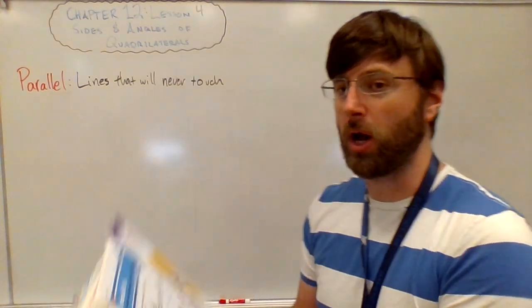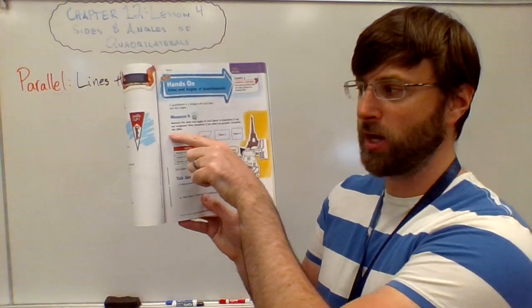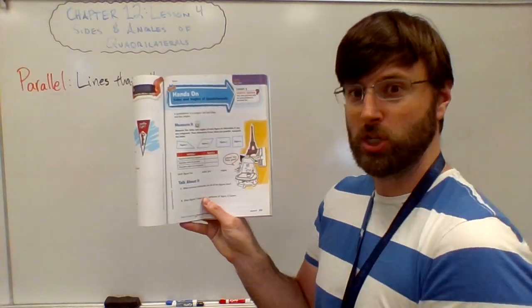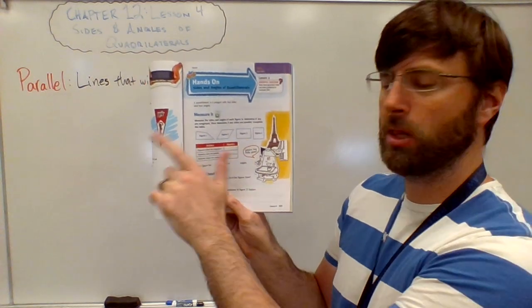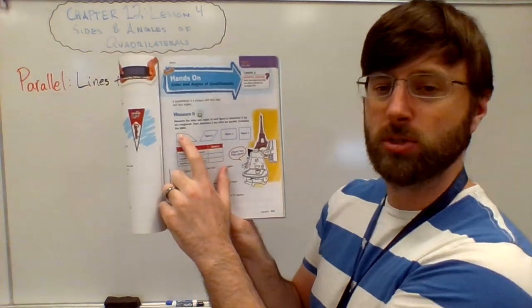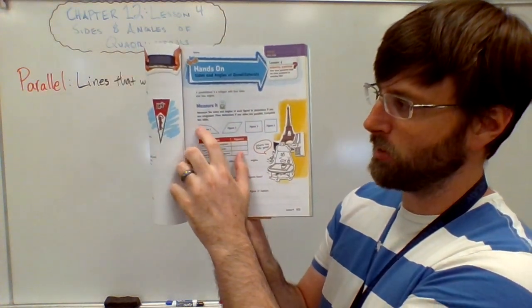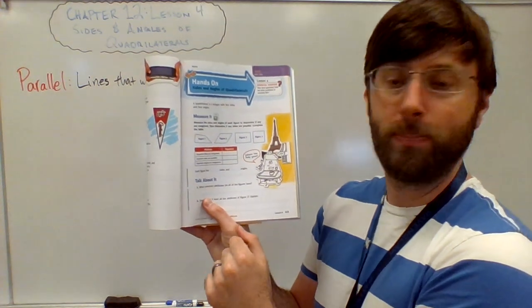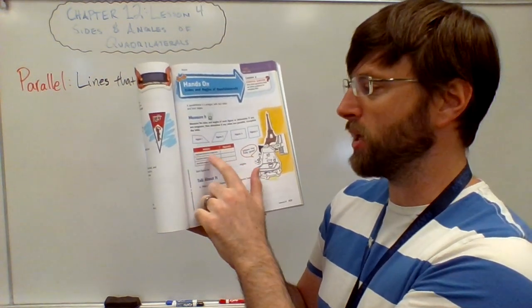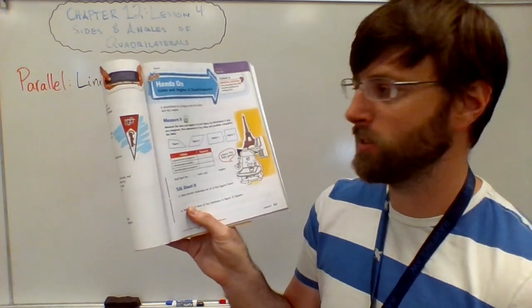So in figure 1, there are the more sideways lines. Those are opposite of each other, kind of up and down. And there are the left and right-ish lines, and those are opposite of each other. Are any of those opposite pairs of sides congruent? Is this line the same length as that line? Nope. Is this one the same as this one? Nope. So figure 1 does not have any opposite sides that are congruent.